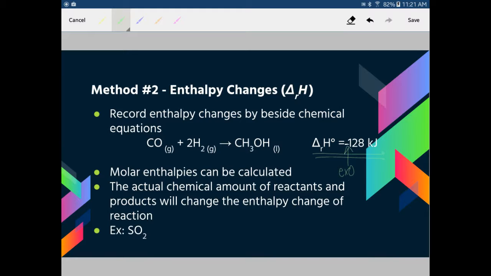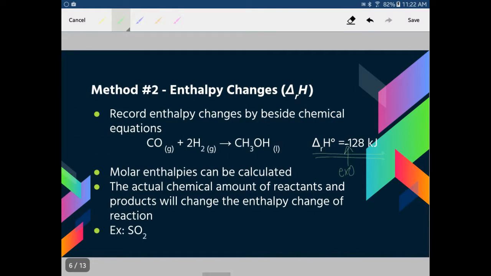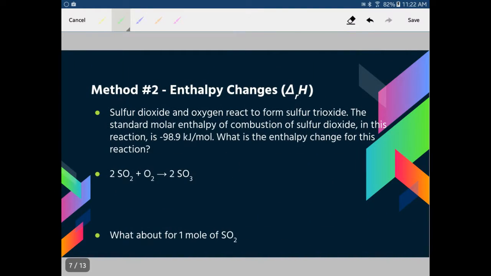Okay, we can calculate these molar enthalpies, and the actual chemical amount of the reactants and products will change the enthalpy of the reaction. So let's take a look at our example of sulfur dioxide. We see that sulfur dioxide and oxygen react to form sulfur trioxide.